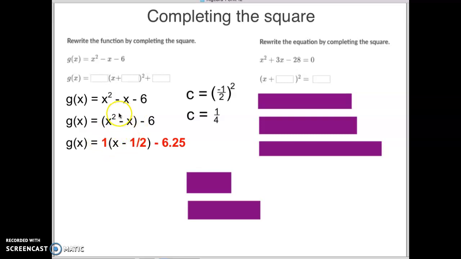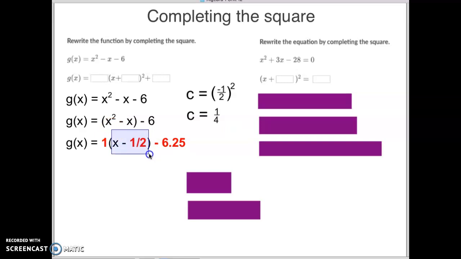Then we take the number here, this 1/2 that this came out to be, the -1/2, and that's the number that goes right here, so -1/2. And we know when we squared the -1/2, it ended up being 1/4 or 0.25. So by doing this, we're adding 0.25 to this side of the equation.